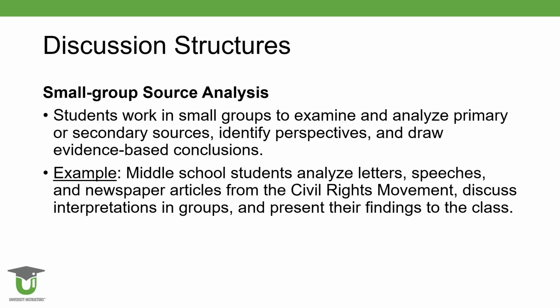A middle school example would be students analyzing letters, speeches, and newspaper articles from the civil rights movement. In small groups, they discuss interpretations, evaluate different viewpoints, and then present their findings to the class. This approach promotes critical thinking, collaboration, and historical reasoning, while allowing students to practice analyzing evidence in a structured, supportive setting.